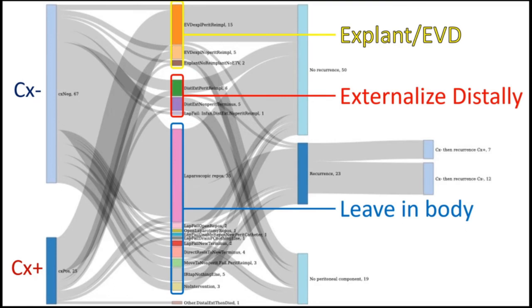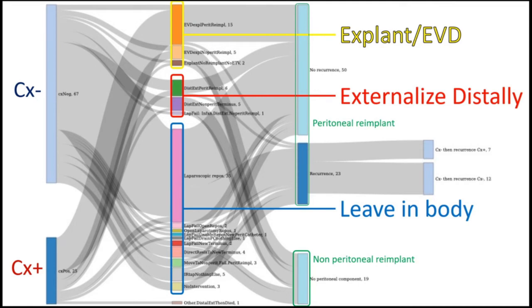You can explant and then place an EVD. You can externalize the distal end. You can leave it in the body. And after that, you can either put it back in the peritoneum or in another space like the pleura, atrium, or gallbladder. The takeaway from this slide is that for most culture negatives, that widest band flowed into the laparoscopic repositioning approach.